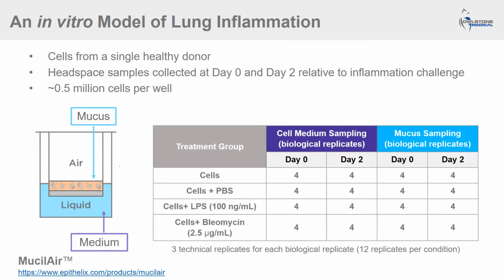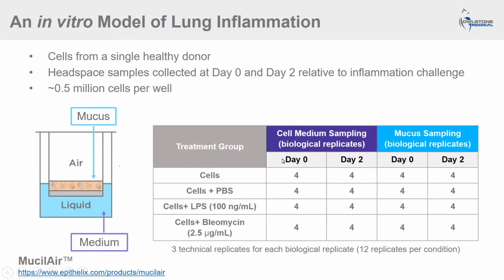To give you a bit more detail, in our 3D in vitro model we use healthy bronchial cells, as can be seen in the table in the figure here. We collected mucus and collected medium. We had different treatment groups. As I said before, we used LPS and bleomycin to induce inflammation, but we also needed some control samples, so we had cells only and cells treated with PBS, because PBS was used as a vehicle here.